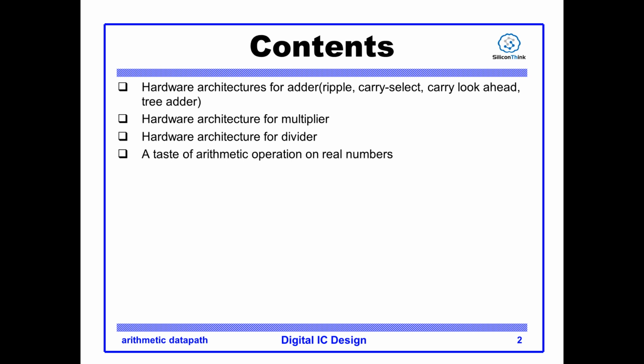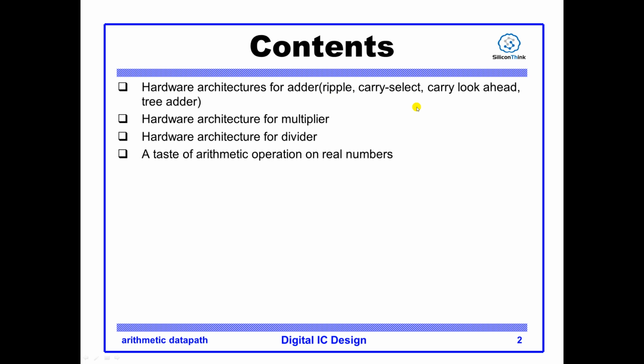Before we start, I want to tell you the key point of this chapter. This is an important chapter, and the key point is, first, you have to understand the delay and area difference for each architecture of the adder. These are the architectures for the same function adder. So you have to understand the area and delay difference of these architectures.